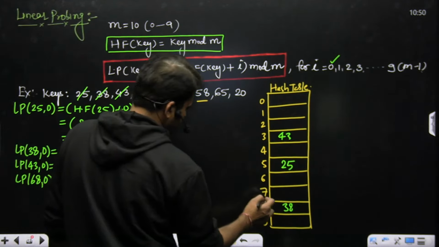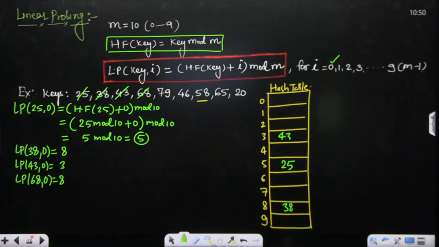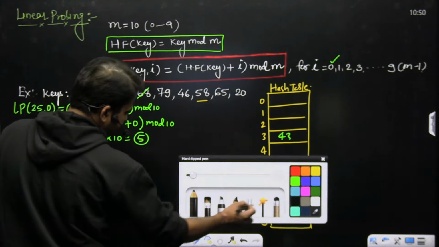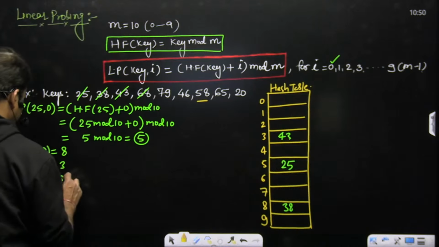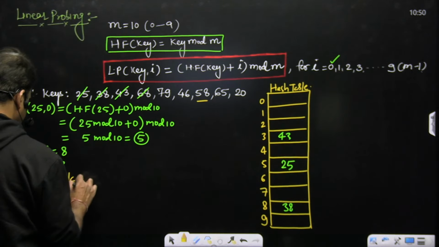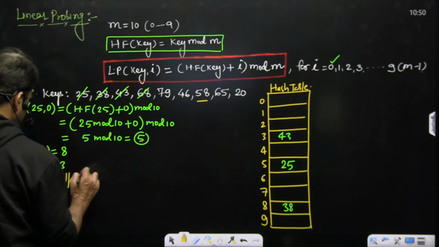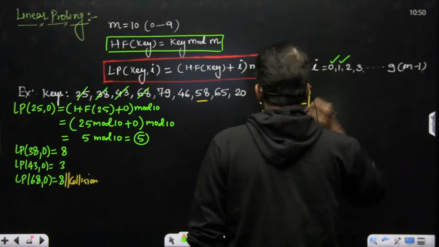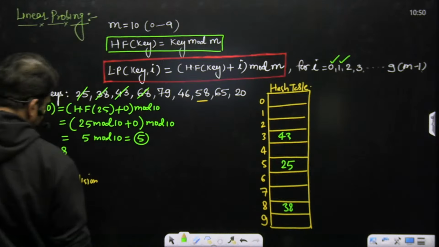So 68, 68 पे तो collision हो रहा है. So 68 gives 8 and 38 also gives 8. So this is collision, student. ये क्या है बच्चे? How can we remove collision? So again, sir, choose I value equals to 1. Linearly, you have to check the next slot.